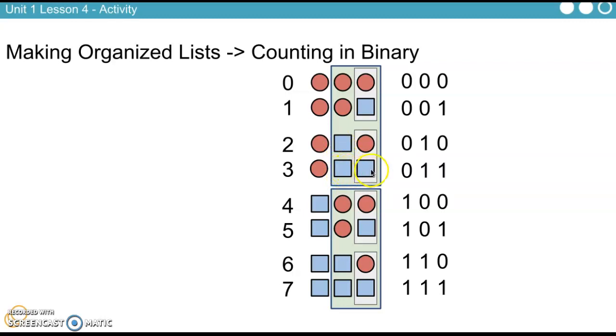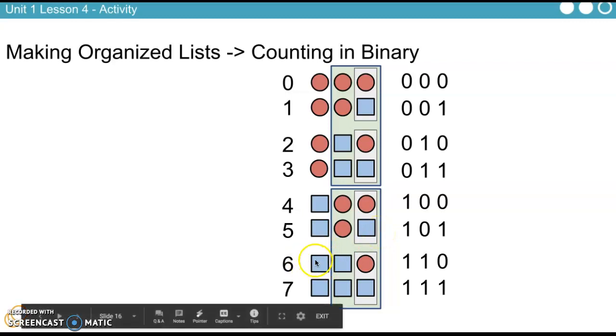So 2 plus 1 is 3. And then here, we go to the next column, and it's times 2 again, because we only have 2 shapes, and in base 10, we have 10 shapes. So here this is worth 4, and 0, 0, 4 is 4, and this is worth 4, 0, 1, which is 5.